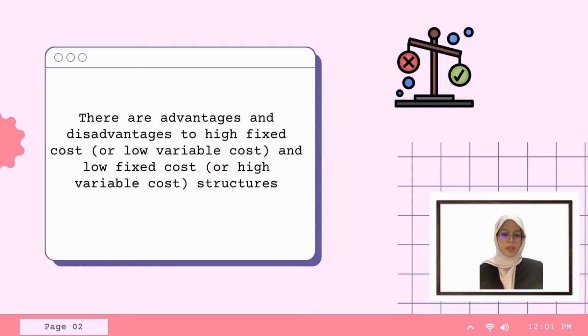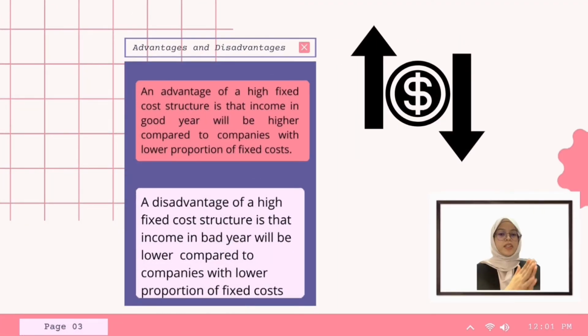So let's see. The advantage of a higher fixed cost structure is that the company will generate more income in a good year compared to a company that has a lower proportion of fixed costs. For the disadvantages, a company with a higher fixed cost structure will also face lower income in a bad year compared to a company with a lower proportion of fixed costs.